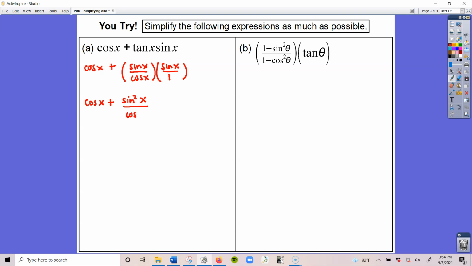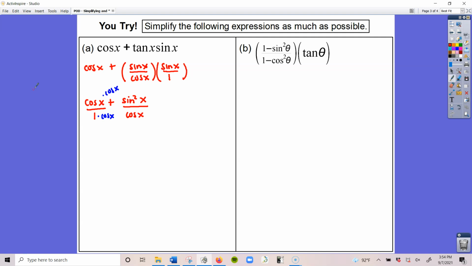over cosine x. Now in order for me to add these two together, this is over 1, we need a common denominator. My common denominator here would be 1 times cosine, which is cosine x. So I need to multiply this fraction, the denominator, by cosine x, as well as the numerator by cosine x.